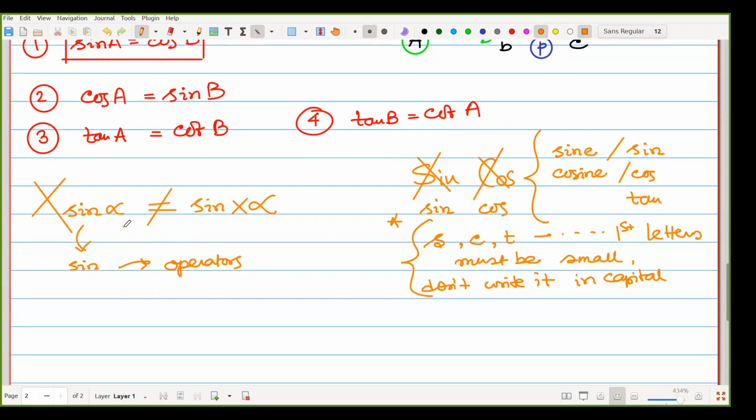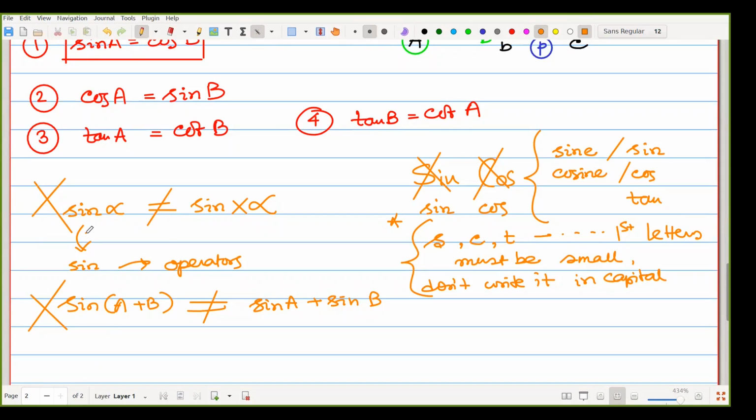So sin alpha means sin of alpha, not sin into alpha. Same as sin of A plus B cannot be written as sin of A plus sin of B. That would mean we are multiplying A and B with sin. No, that is not possible.